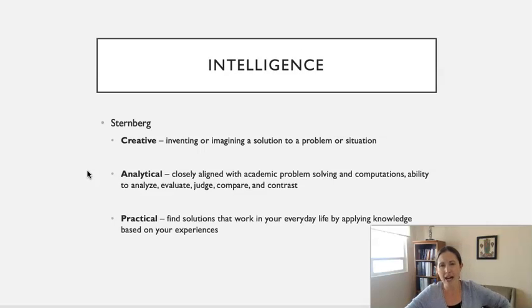I did well in a lot of my psychology classes, but again, not the most amazing student because I didn't have great analytical intelligence, but I have creative intelligence. I was able to see things in new ways.